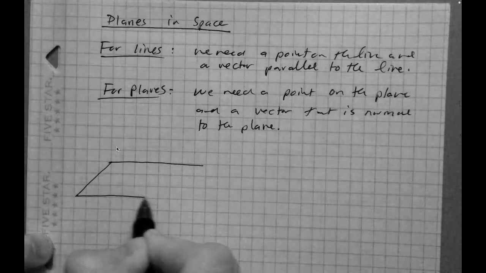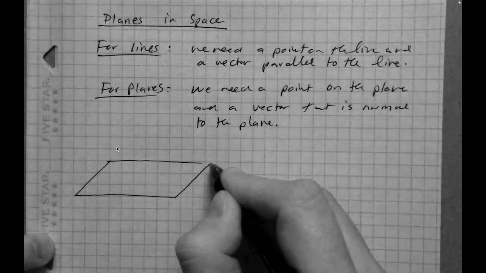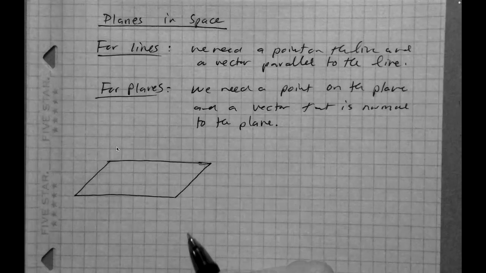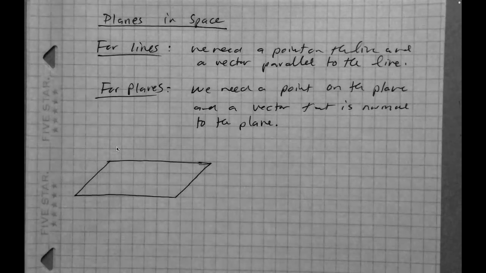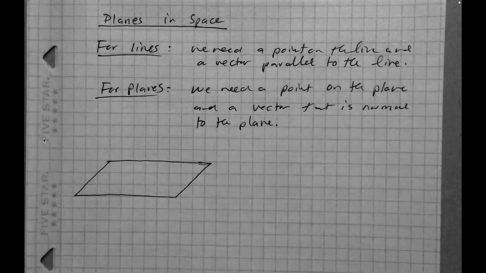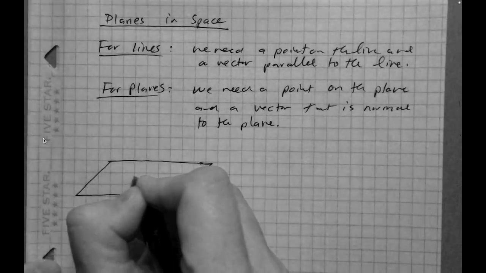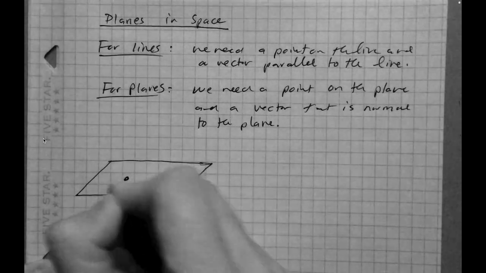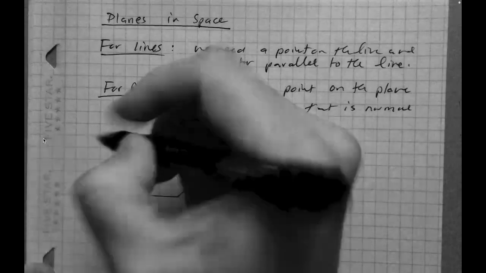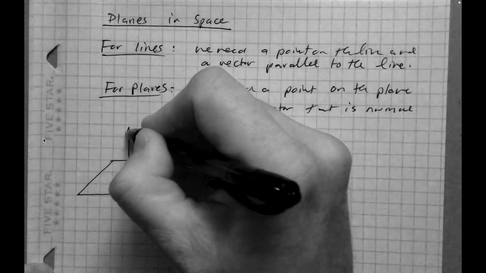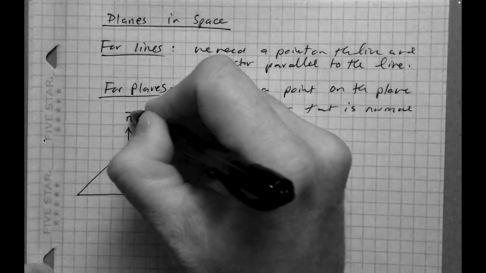It's assumed that these planes are infinite, but I'm on a sheet of paper here, so I'm just going to draw a little flattened edge. Then I'm going to draw a point P in the plane, and coming out like this will be our normal vector.